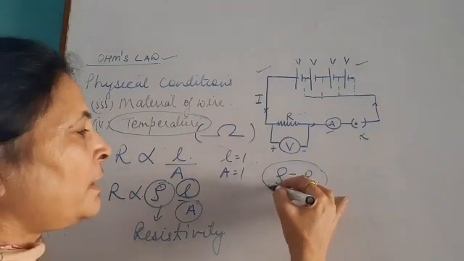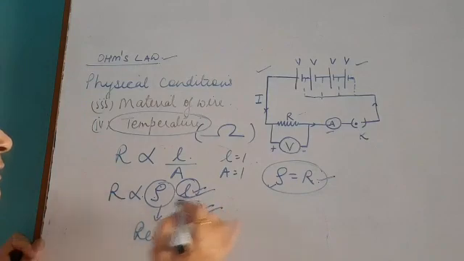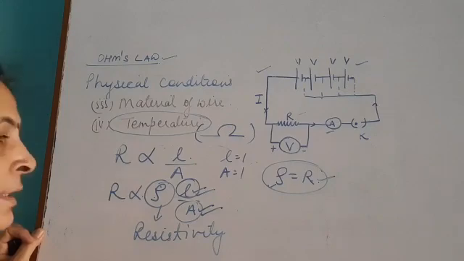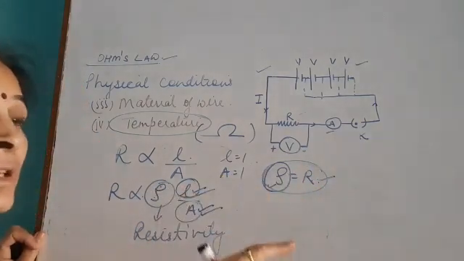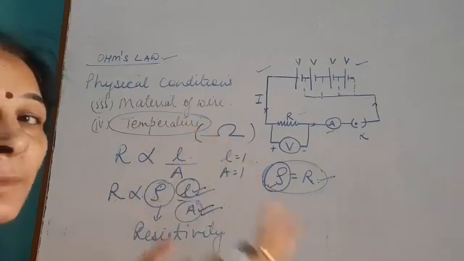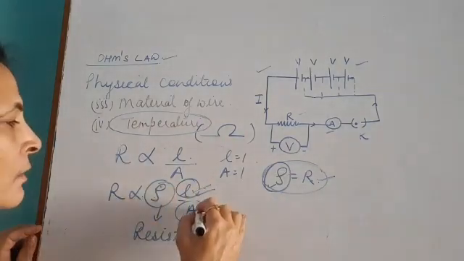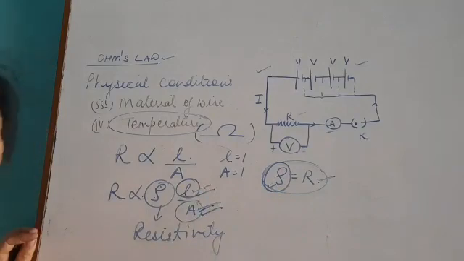So resistivity is the resistance of a wire of unit length and unit area of cross section. Alright. That means resistivity is resistance of a wire of specific dimensions. Specific dimensions are length 1, area of cross section 1 meter square, and that is why resistivity is also known as specific resistance.